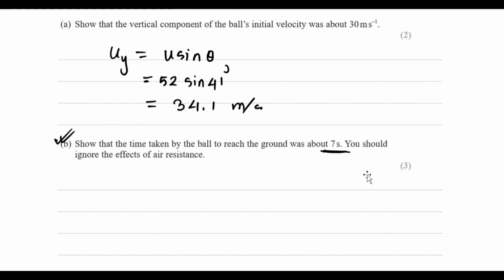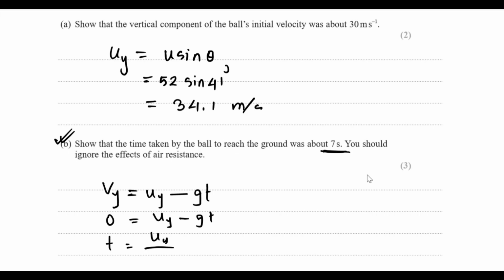We know Vy equals Uy minus gt. So at maximum height Vy equals 0. So Uy minus gt equals 0, so t equals Uy by g.